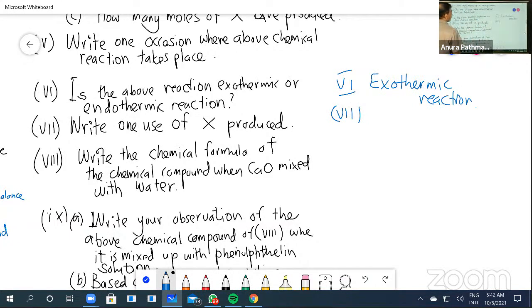Right, one use of carbon dioxide produced. You can write for the plants to produce food, correct. But contextually, what we are expecting is some other occasion: in fire extinguishers, to make dry ice.